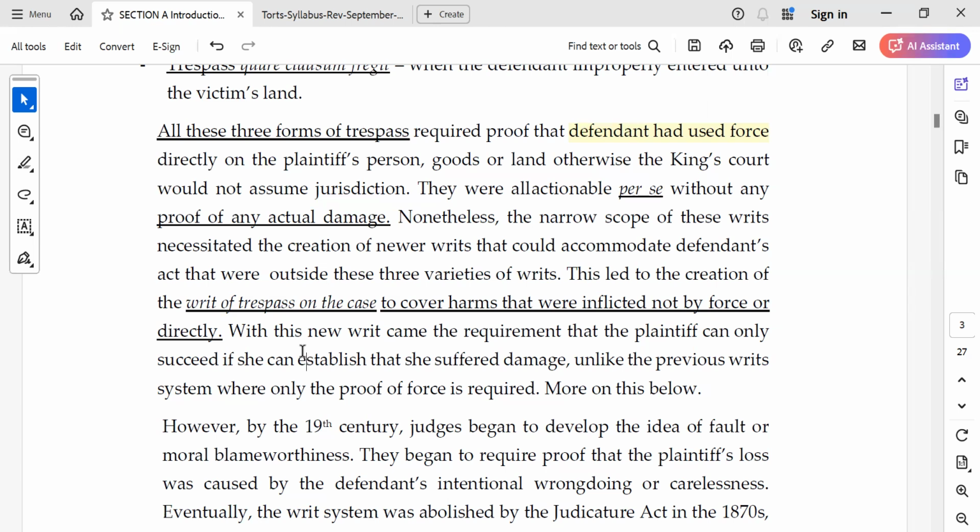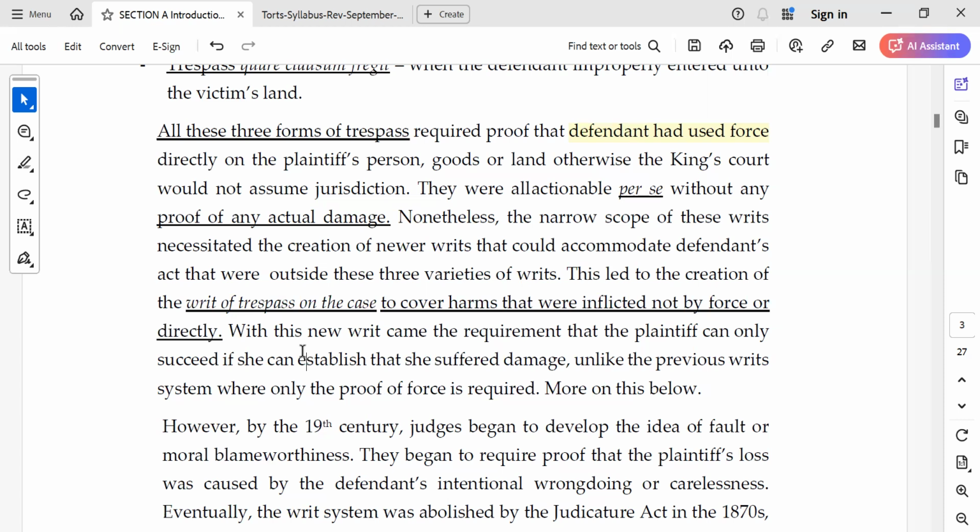So with this new writ came the requirement that the plaintiff can only succeed if she can establish that she suffered damage, unlike the previous writ system where only the proof of force was required. Now, what is the difference between the earlier three writs and the writ of trespass on the case?